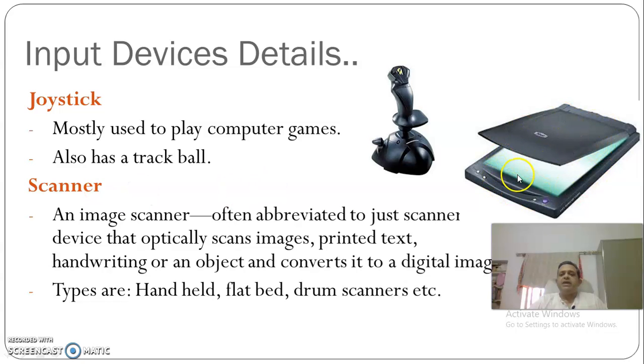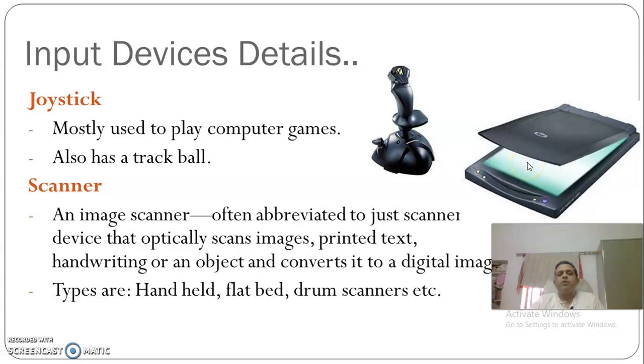Now you have this device known as the scanner. Now what is it? Say you have certain text or some image on a paper, and you want that text or image on your computer screen as a soft copy so that you can make some changes in it, or save it for future use.